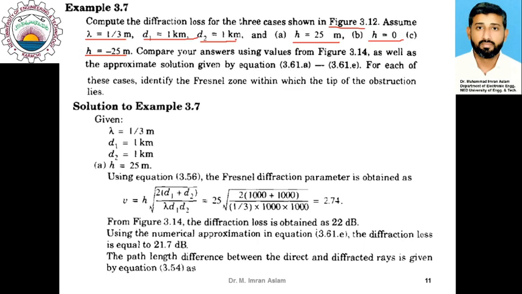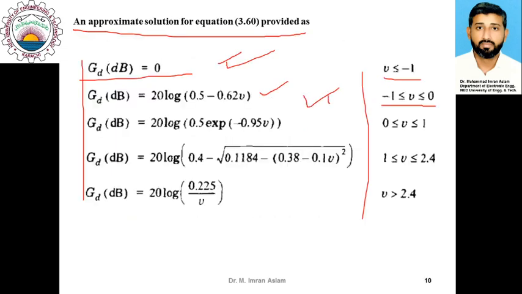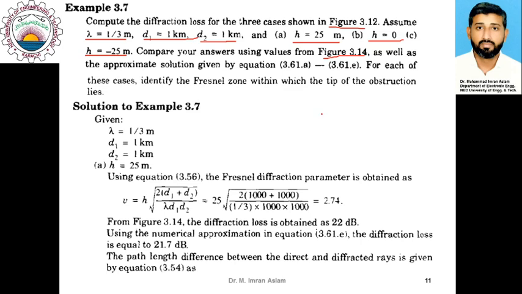We will compare the result with the actual graph, which is illustrated here. You can calculate the gain from the graph as well as from these approximate relationships shown here. Let us start our calculation for h equal to 25. We know these given parameters, and if we substitute these values, we can calculate the Fresnel diffraction parameter nu.